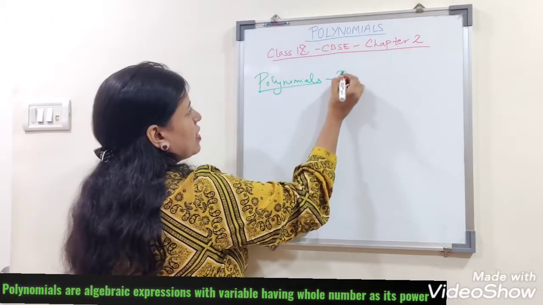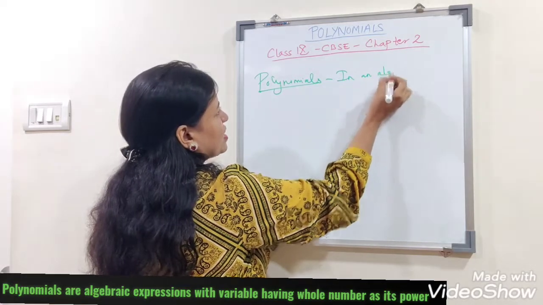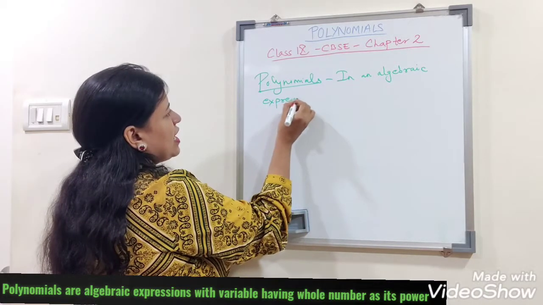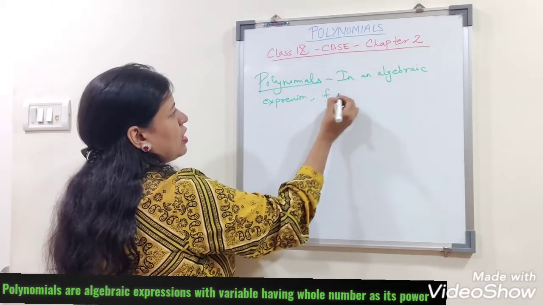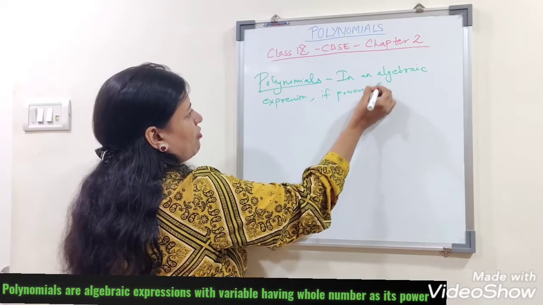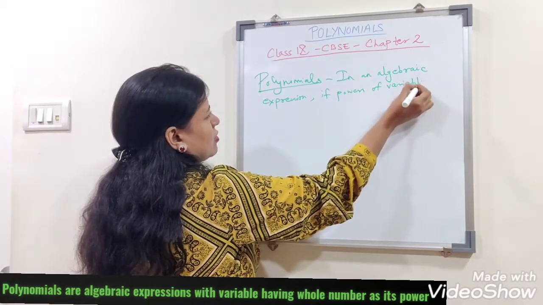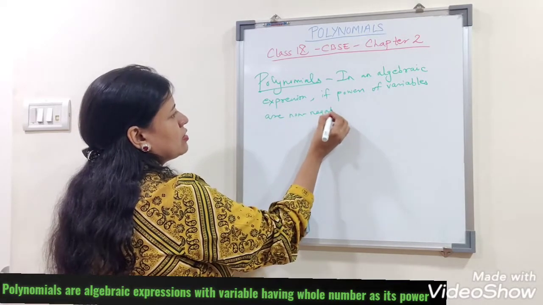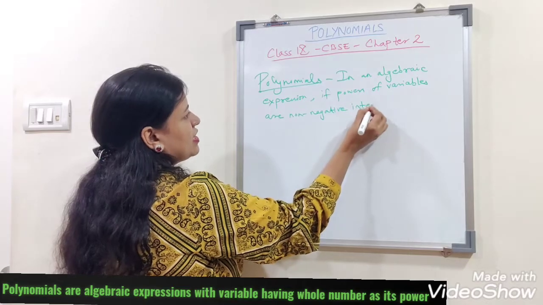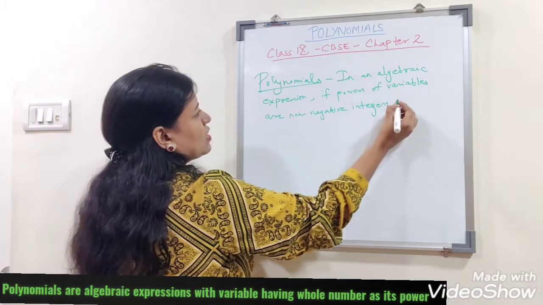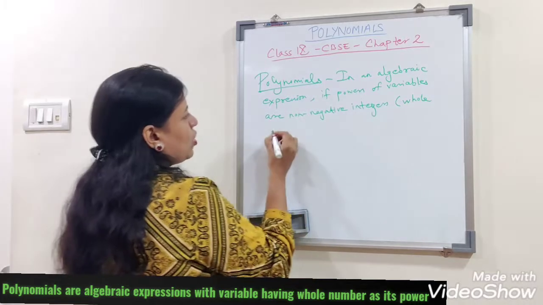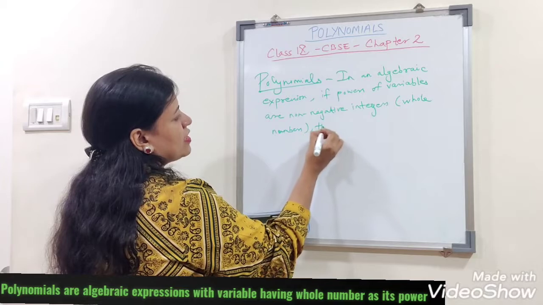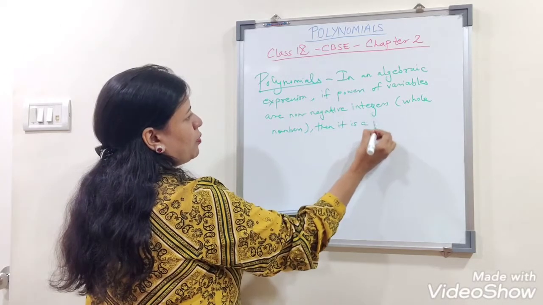Now polynomials: in an algebraic expression, if powers of variables are non-negative integers, that is what? Whole numbers. Non-negative integers means whole numbers. Then it is a polynomial.